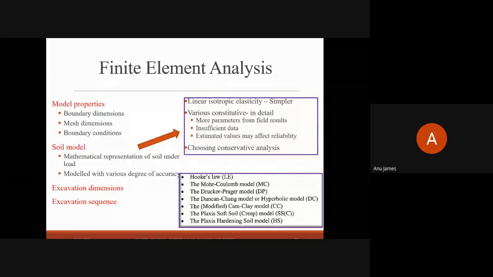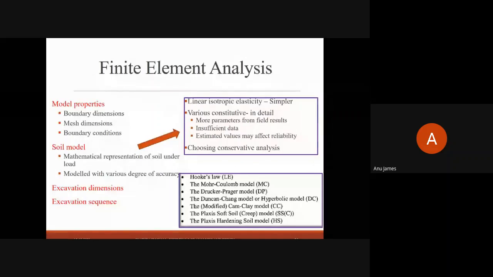It is always better to conduct a mesh convergence analysis so that we can know the variations in the results with different mesh sizes, and we should choose the mesh dimensions which do not cause much variation with further change in the mesh dimension. Similarly, the boundary conditions should be exactly the same as the actual field conditions.